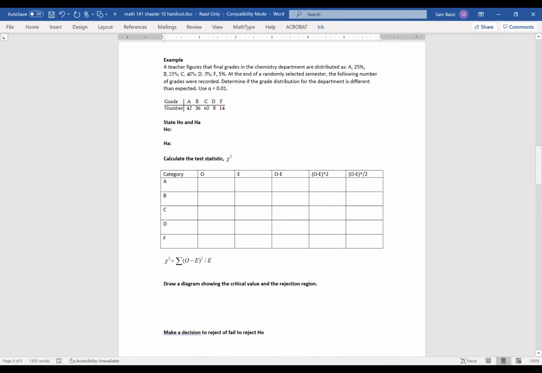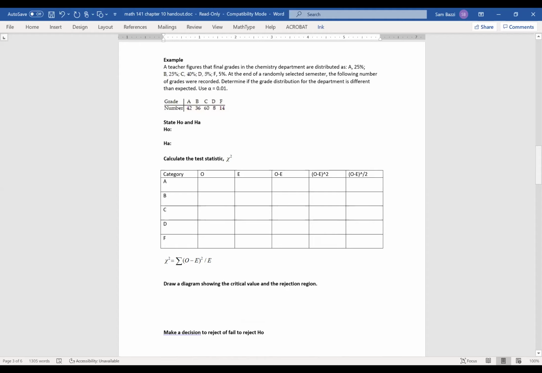A teacher figures that the final grades in the chemistry department are distributed as A, 25% of students, B, 25% of students, C, 40% of the students get C, 5% get D, and 5% get F. At the end of a randomly selected semester, the following number of grades were recorded.